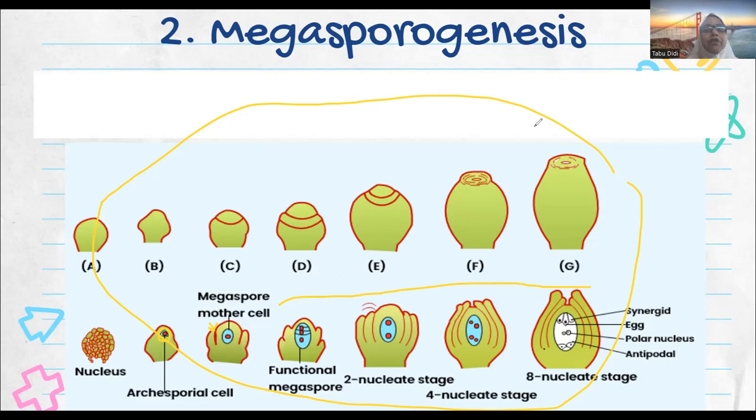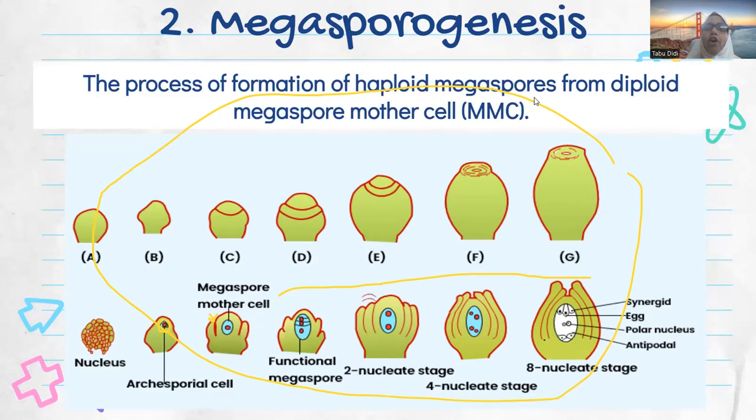They will come from the mother cell, so the megaspore mother cell will give rise to haploid megaspores. Then there will be further divisions and development, which we will see under the heading of development of the female gametophyte.